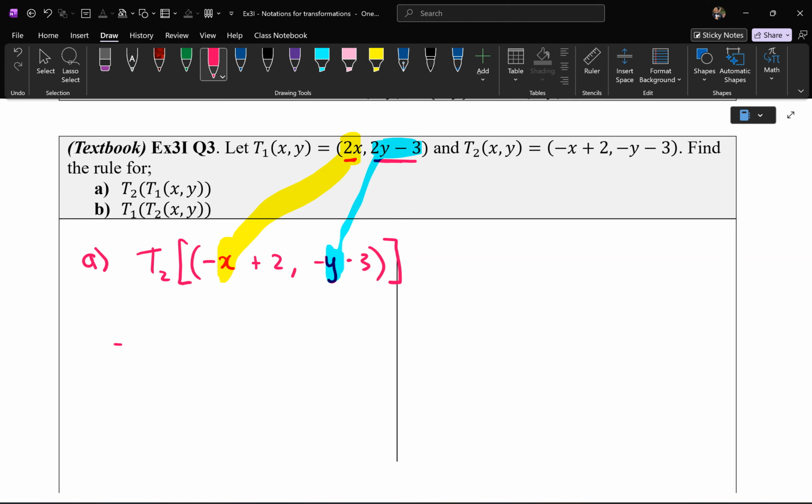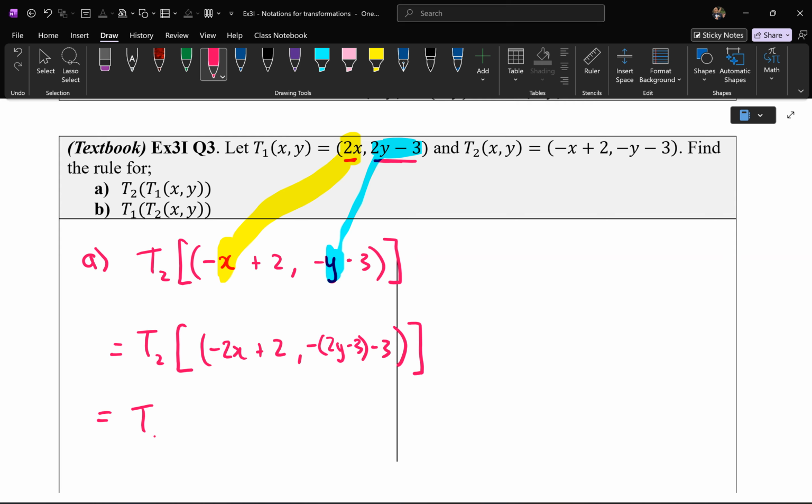So what you should get, the overall transformation, would then be negative 2x plus 2, comma, and then this one is 2y minus 3. I'm going to substitute in here. So that becomes negative of 2y minus 3, close brackets.